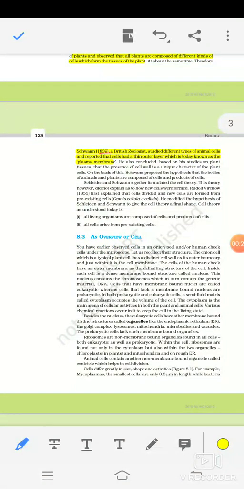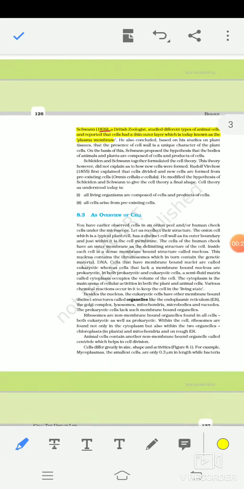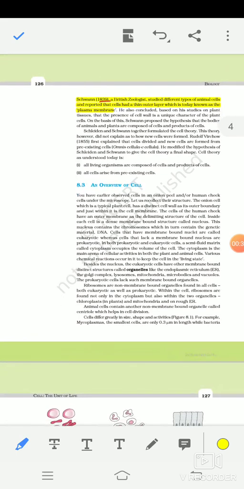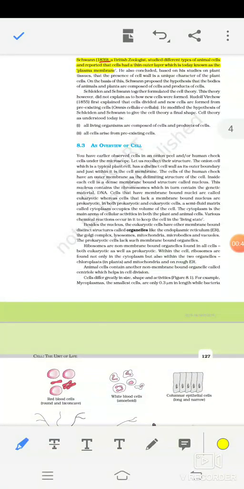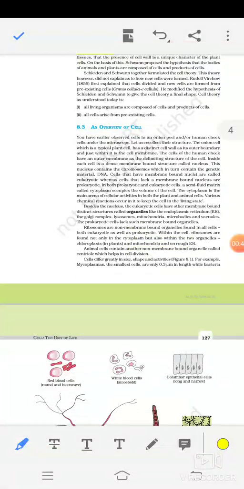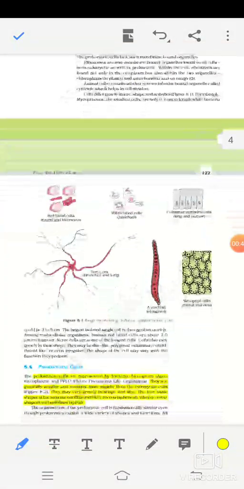I have marked this one, so remember this date. In 1839, Theodor Schwann, a British zoologist, studied different types of animal cells and reported that the cell had a thin outer layer which is today known as the plasma membrane.